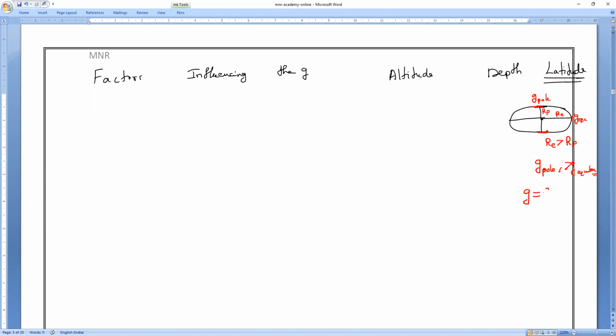Small g is equal to capital G into mass of the earth divided by radius of the earth squared. If I apply this formula, the G value at the poles will always be a little greater than at the equator, because the radius at the poles is less than the radius at the equator. So radius increases, G value decreases; radius decreases, G value increases.